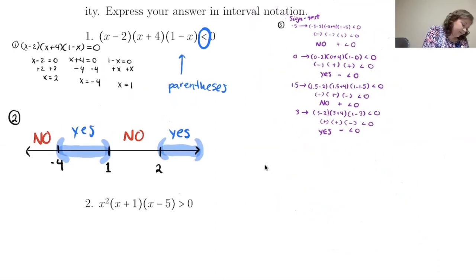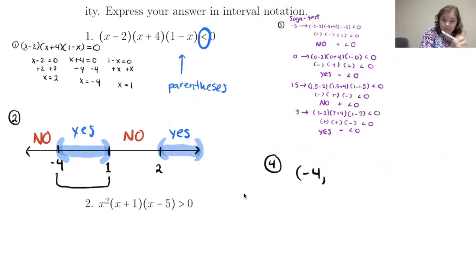Okay, so step 4, we're going to look at these intervals from step 2 and 3 and just write them down. So this one here, we have from -4 to 1, and we have the brackets. I mean, sorry, the parentheses, not the brackets. -4 to 1, parentheses. From this interval here, we have 2 to infinity.